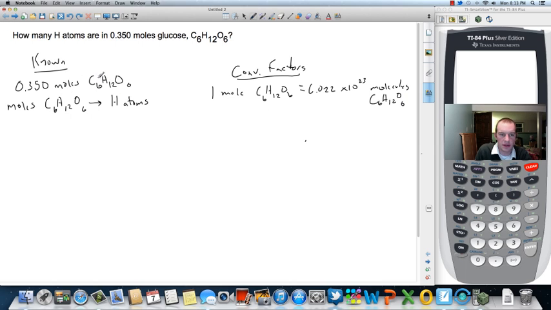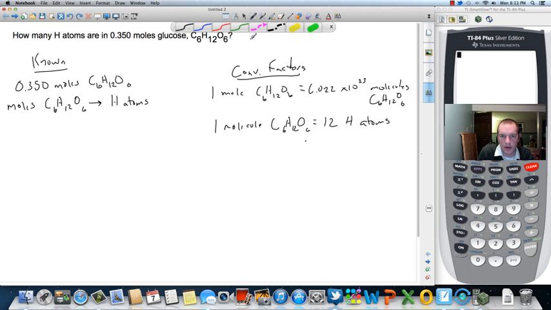Okay, so we're dealing with just this one molecule right now. Why? Because we started with moles of this molecule, and so we have to be able to convert to the actual number of molecules. Once we know the number of molecules, we also know that for every 1 molecule of C6H12O6, that equals 12 hydrogen atoms.